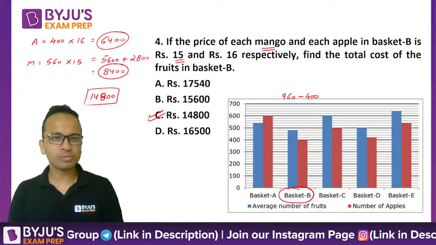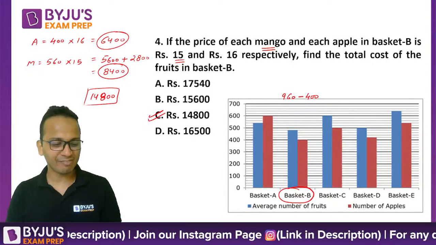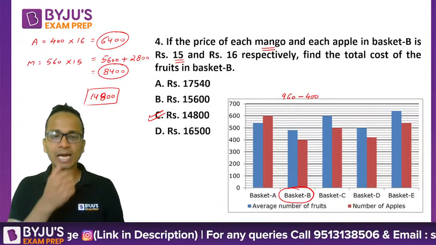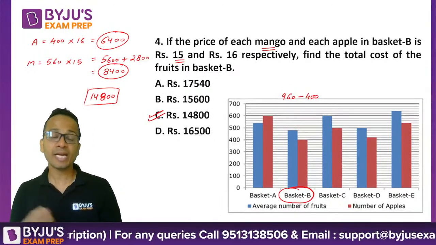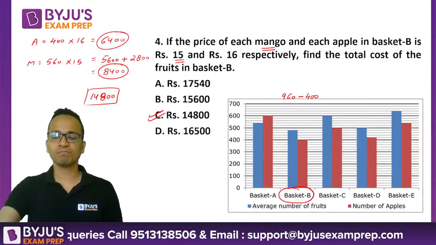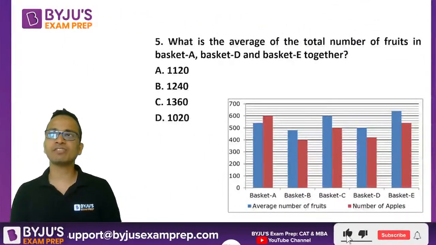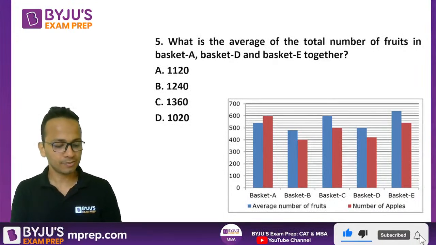Now, some of you have given option B as the answer. I believe they have committed a small mistake in calculations. Okay, so please have a look at the mistake that you have committed, rectify it, and try not to repeat it again. Okay, question number 5, the last question of this set, and then after that we'll move on to the pie charts.